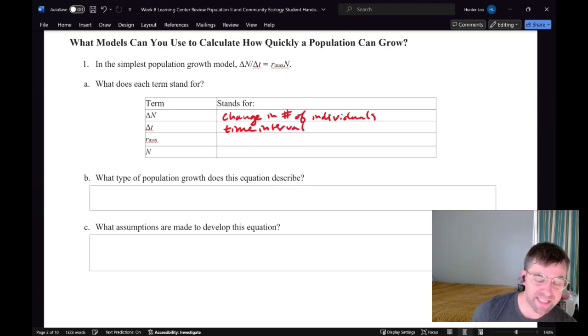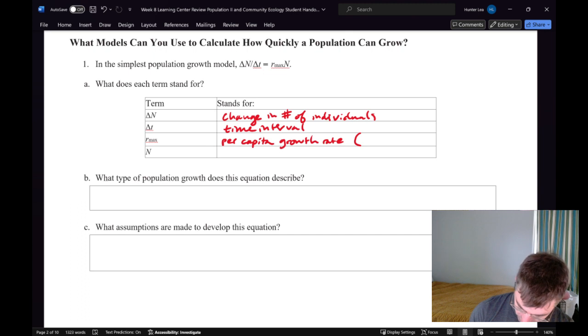R max is the per capita growth rate, and later on in this worksheet, this will be represented by the variable B. And then N is simply our initial population size.